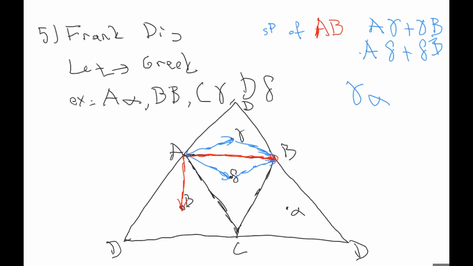This is not a mobile dislocation. How about Frank dislocation? Please show me one letter to Greek or Greek to letter. For example, this guy here, gamma, where is gamma? This one is the Frank dislocation, and again it doesn't belong to any plane. Hocam, can you show it again? Of course. Sorry.